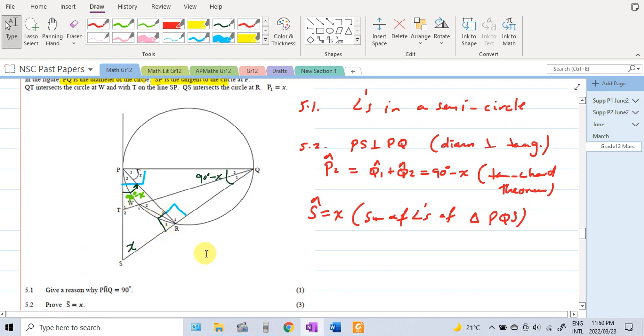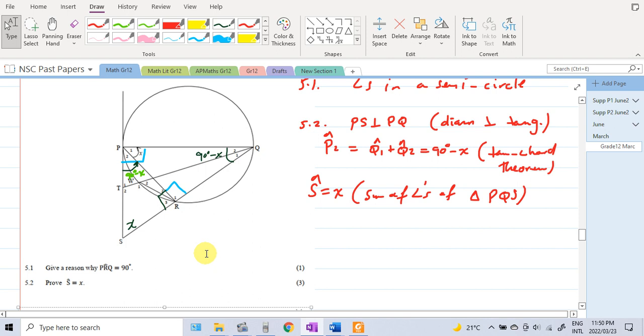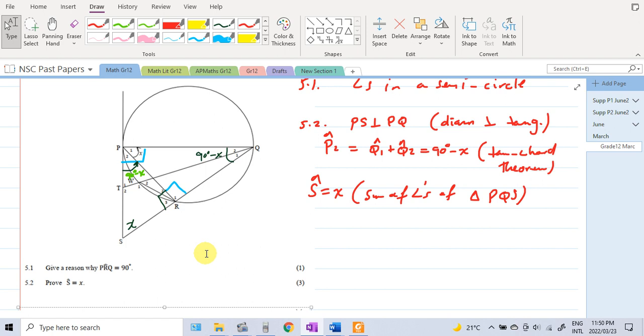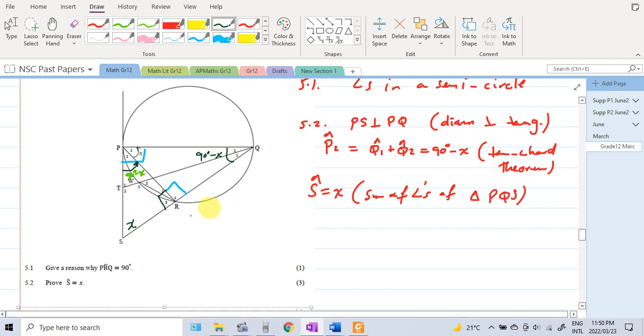SRWT, we want to prove that SRWT is a cyclic quadrilateral. So we need to prove that SRWT is a cyclic quad.